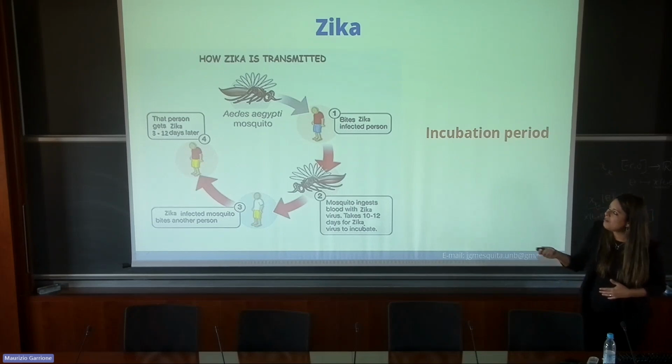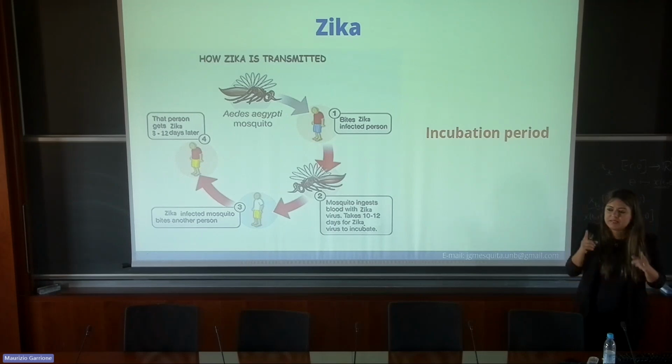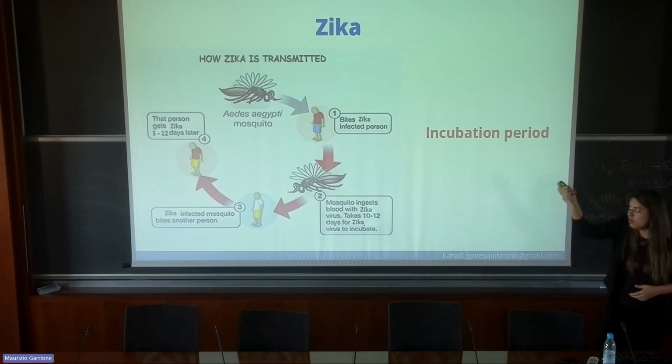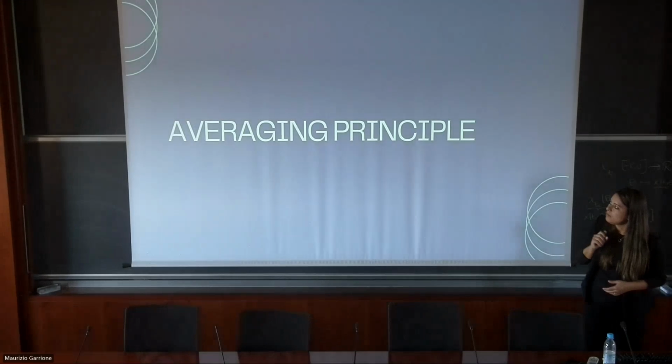So we have the mosquito, the same as dengue, and it's very important to consider the timing of the incubation period. The same for dengue. There are a lot of people working on that in mathematical biology, for example at the University of Miami. They are doing some models with delays to describe the contagion of dengue, and Zika is also possible.